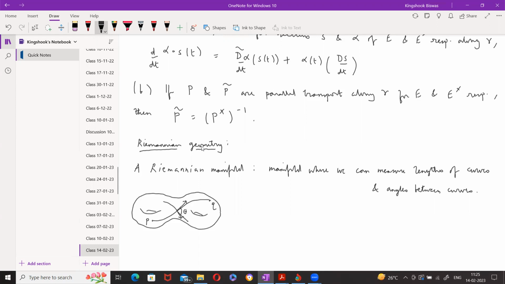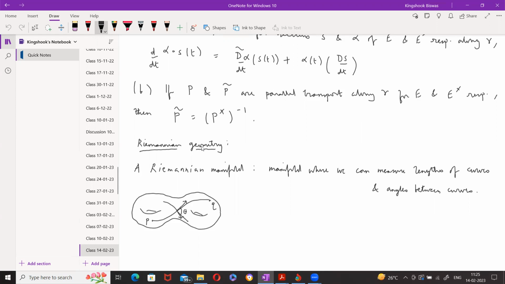But if you want to measure angles between curves, what is the angle between two intersecting curves going to be? That's going to be the angle between their tangent vectors, right? Now, that means on the tangent space, we should have a way of measuring angles between vectors. Typically in a normed space, it's not that easy to define angles between vectors.